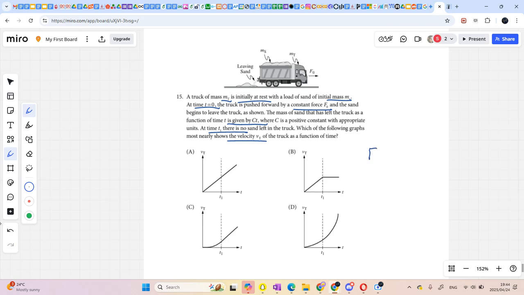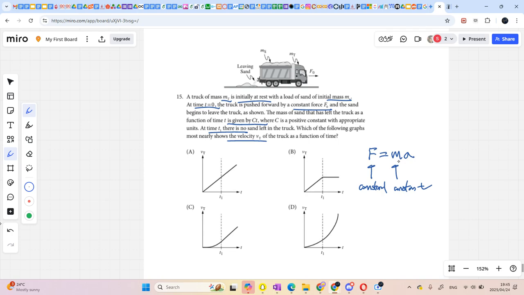So F equals ma. When force is constant and mass is constant, when F is not changing and m is not changing, that means a is also not changing.